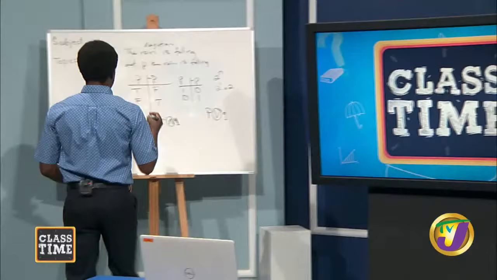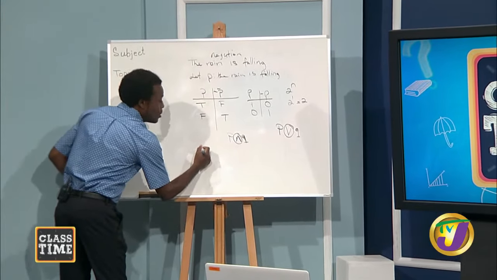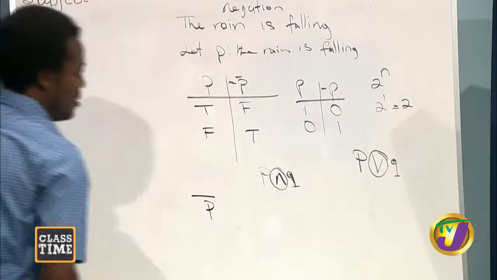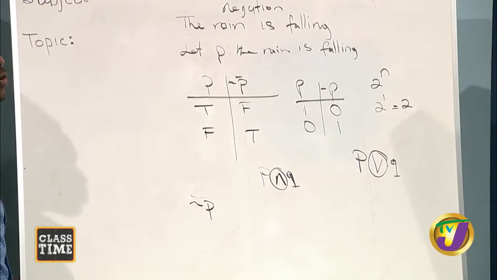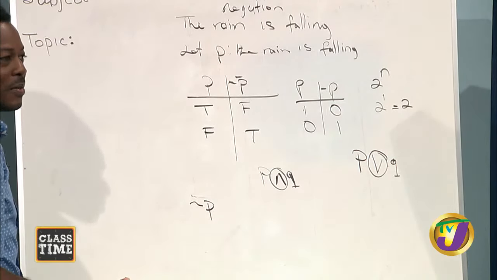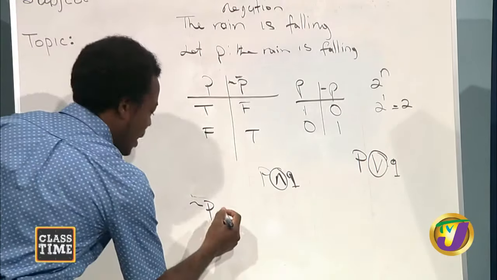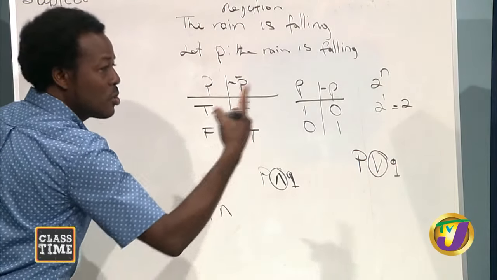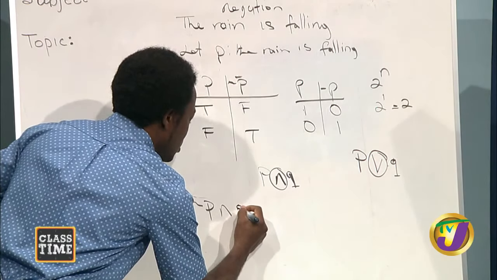So she's not a singer. We said P, Nikki is a singer, so it is not P. Not a singer, nor does she live in Trinidad. She doesn't live in Trinidad, so it is not Q.